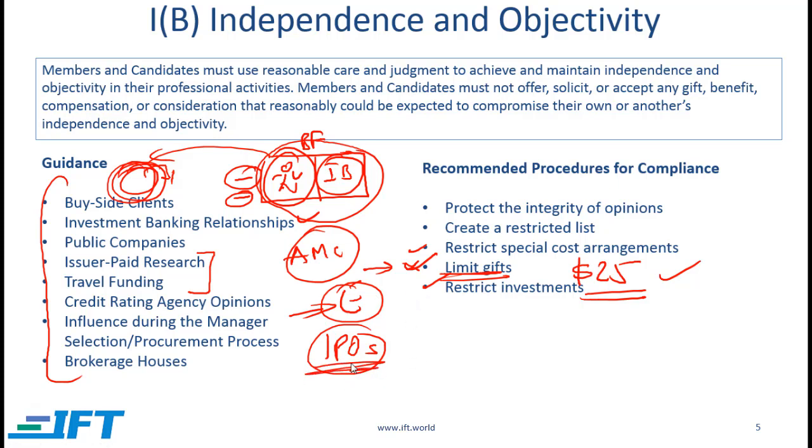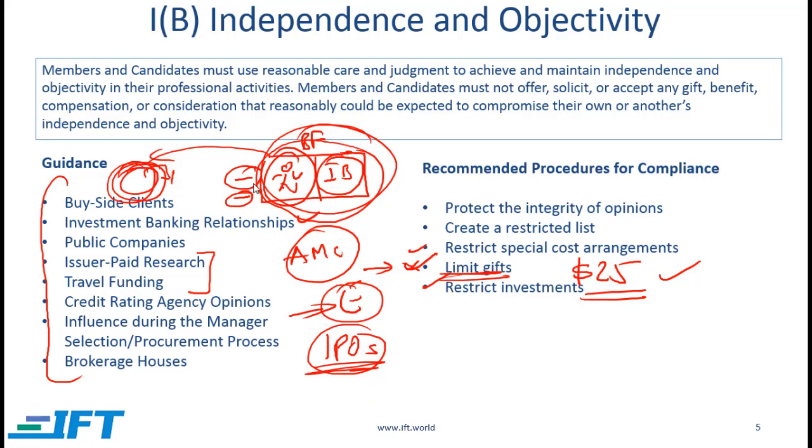IPOs keep showing up on the CFA exam, and you need to be clear about this. Very often, firms help their clients with IPOs, and you might hear the term a hot IPO or an oversubscribed IPO. This is where the IPO is extremely popular, there's lots of interest, and generally the expectation is that after the IPO, the stock price will go up.